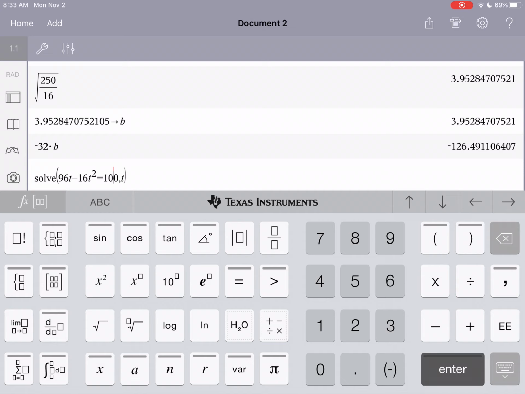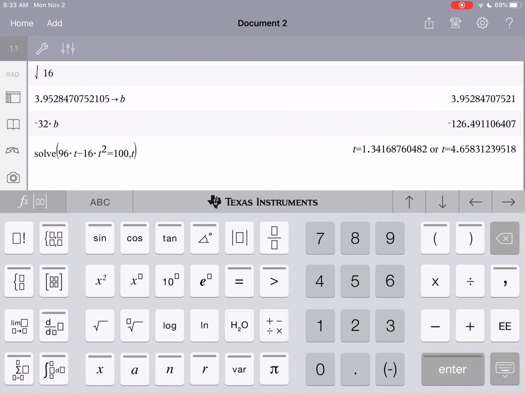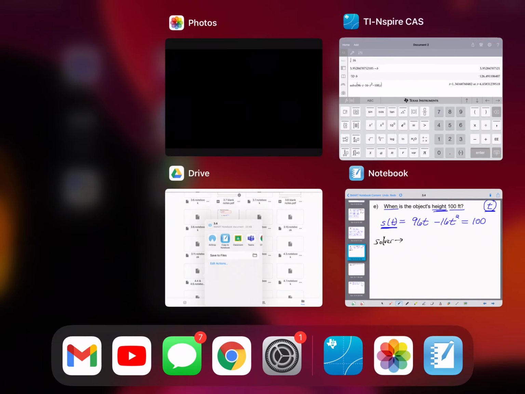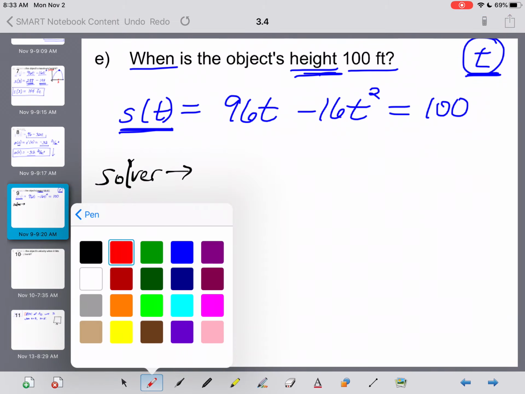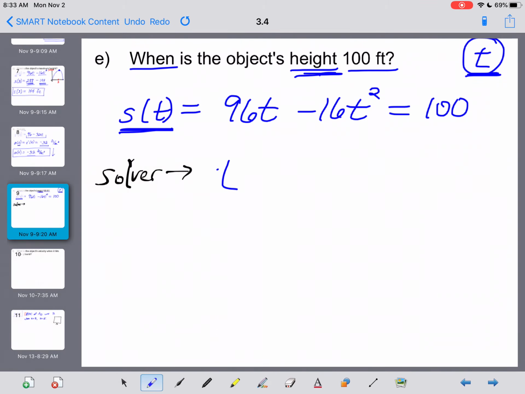I'm going to go directly to the decimal approximation. So I'll go to approximately equals, and we got two values of time, not just one. So let's see if that makes sense. I'm going to write them down. One of our answers is t equals 1.342 seconds.